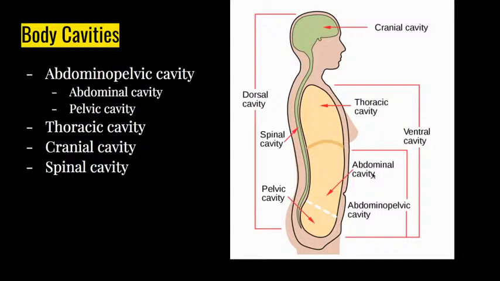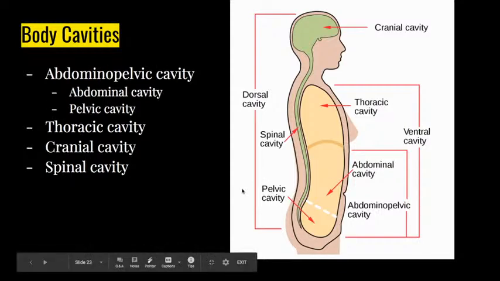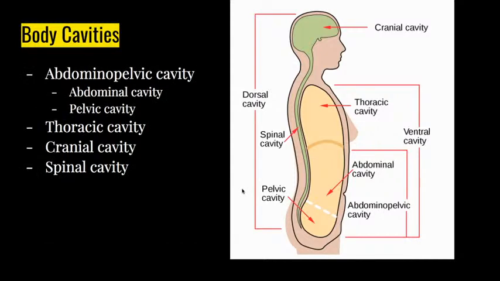The abdominal cavity contains the liver, gallbladder, intestines, kidneys, spleen, and stomach. Inferior to the abdominal cavity is the pelvic cavity, which includes the rectum, the reproductive system, and the urinary bladder.